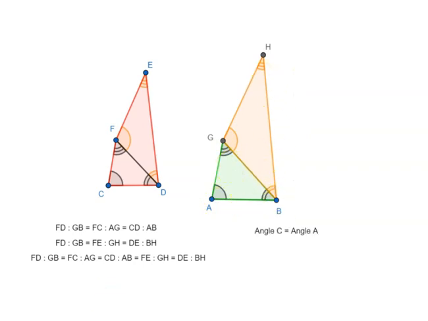And we have already seen that corresponding angles of these polygons are equal. So that means this polygon ABHG is similar to CDEF, which was the required proof for this particular proposition. So that is proposition number 18 of book 6 of Euclid's Elements.